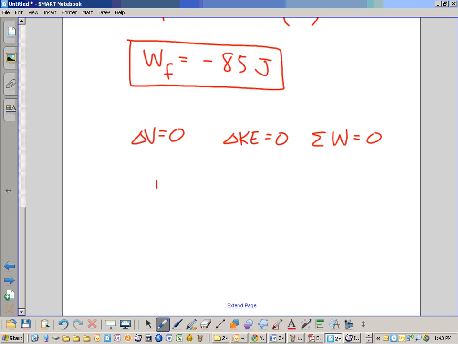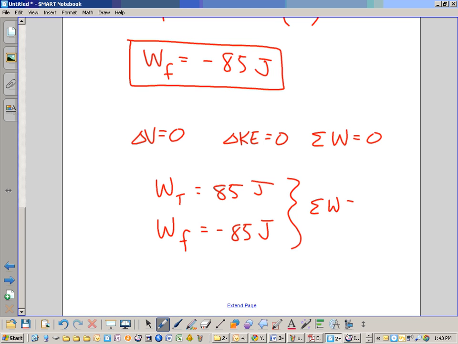Since we figured out that the work done by tension is equal to 85, not newtons, joules, that means the work done by friction has to be equal to negative 85 joules because the net work is equal to 0. And those are the only two things that do net work that's non-zero. Does that make sense? All right.